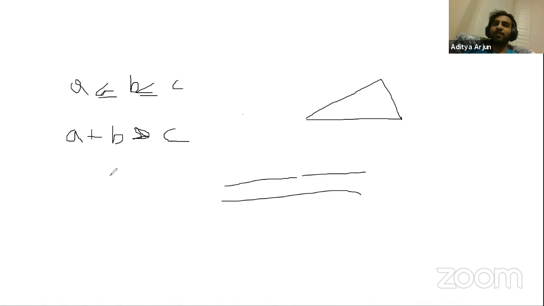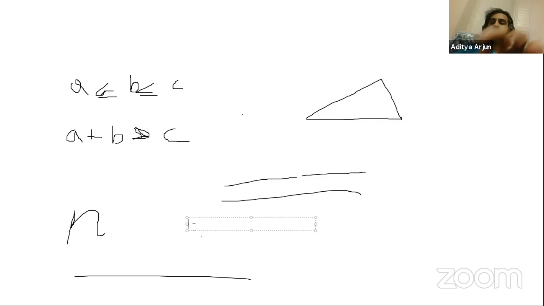An easy way to see this, although it's not the only way, is to say you're looking at n line segments. You take your biggest one, and you have n minus 1 line segments left.